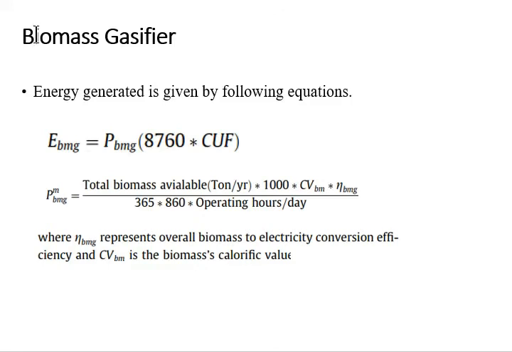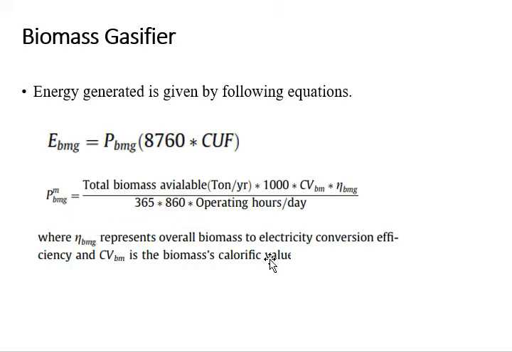So next is biomass gasifier modeling. The energy generated by a biomass gasifier is given by this equation. This is given in the literature review, and you can see it also in the paper that we are using, as I already showed in the paper.